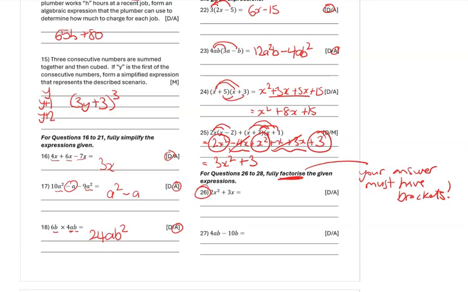So question 26. So 2x squared and 3x, they don't have any numbers in common because 2 and 3 are both prime numbers, but they both have an x in common. So x is going to be the thing that I'm factorizing. That's going to become out of the brackets. Because I've taken it out of the brackets, and if you remember from above, this rainbow method, everything was being multiplied together, wasn't it? Factorizing is the opposite of expanding.